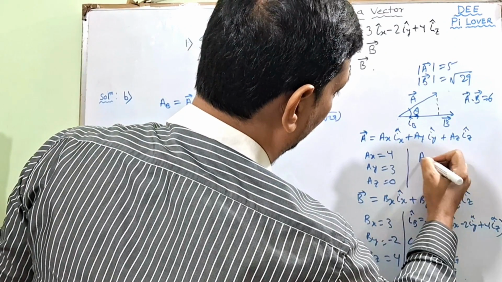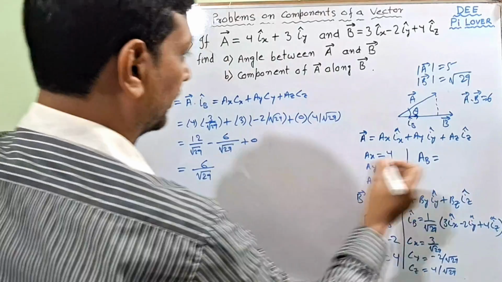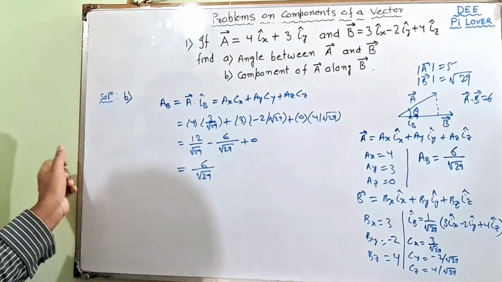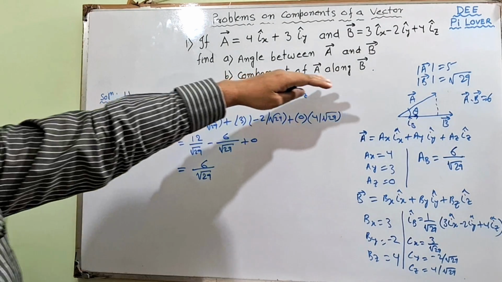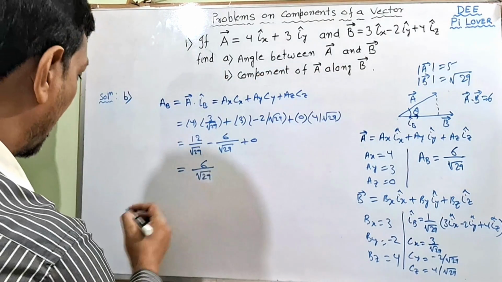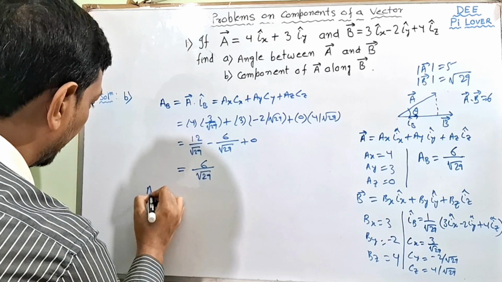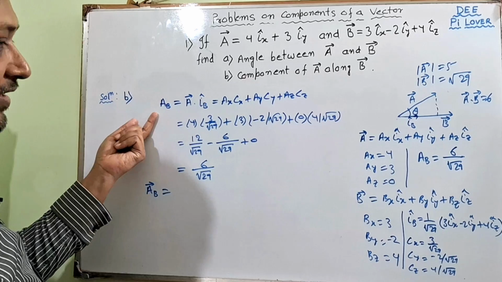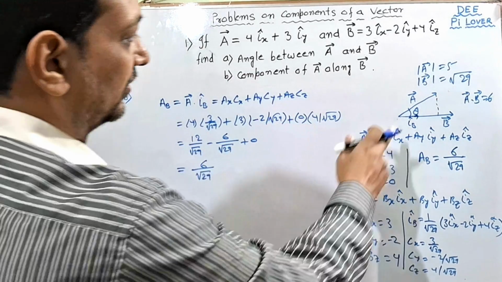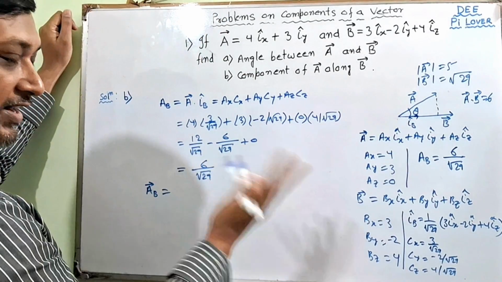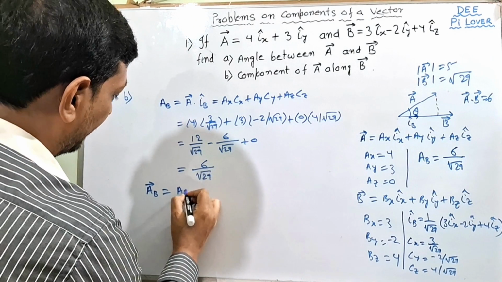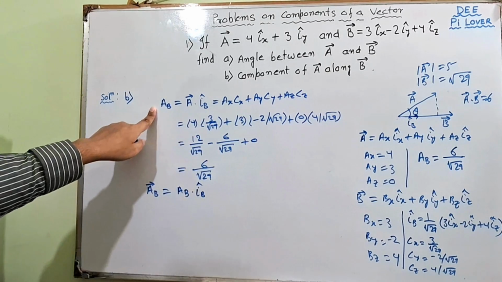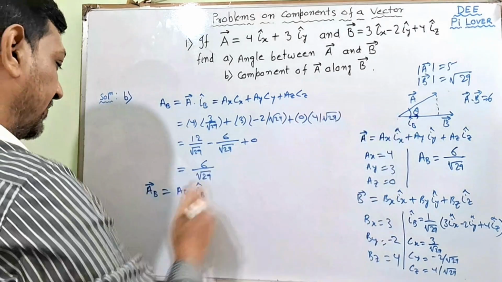Here we will write AB equal to 6 by root 29. Now we will find the vector component of A along B. How can we find it? By multiplying this scalar quantity with this unit vector, then we will get a vector AB. Just multiply this scalar with unit vector IB.